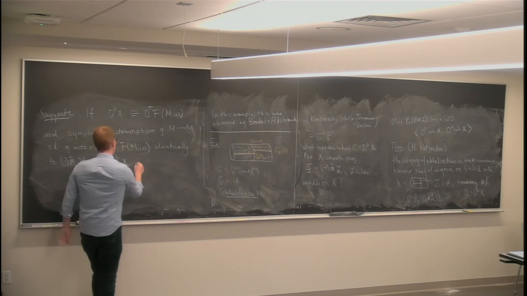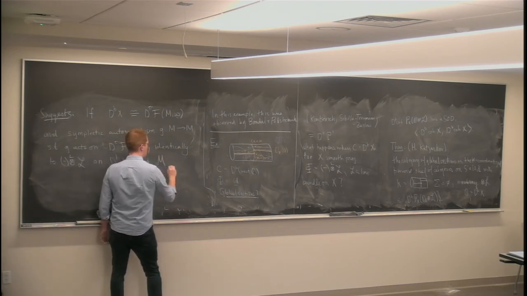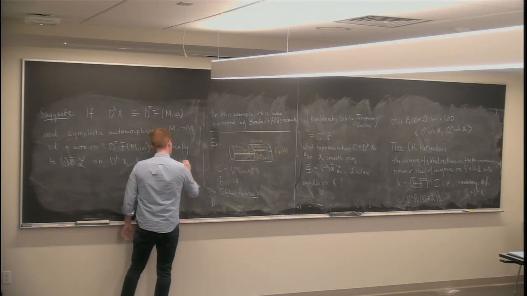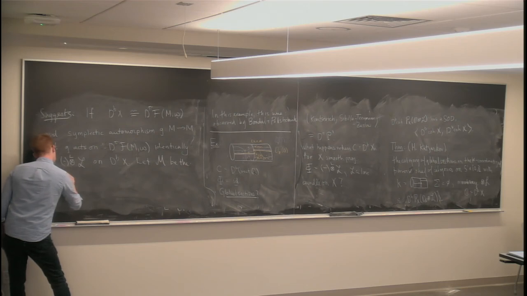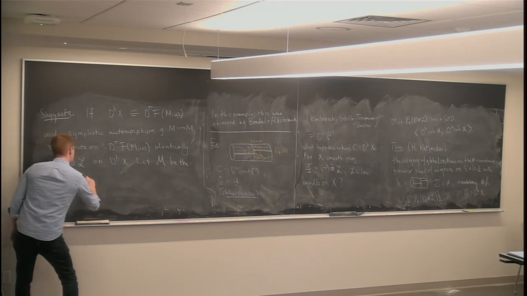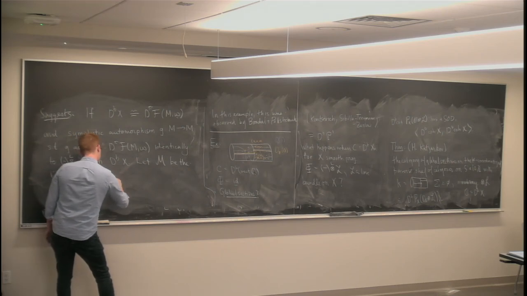Okay. So then let script M be the fibration over some punctured disk, maybe delta star.